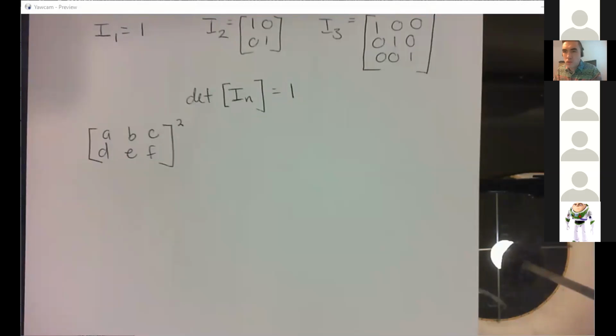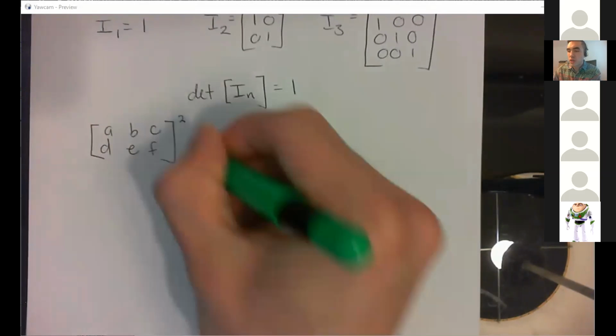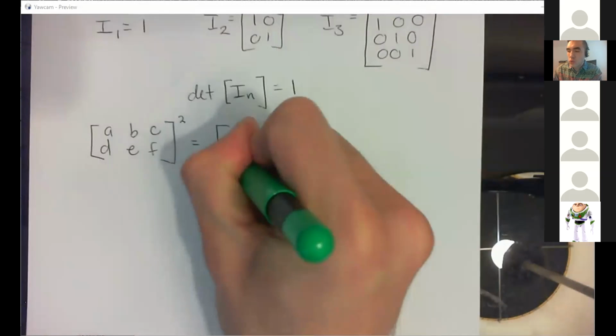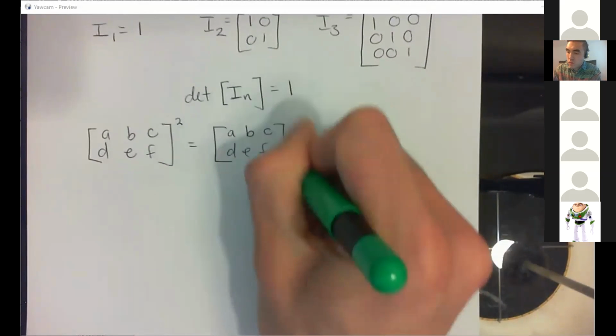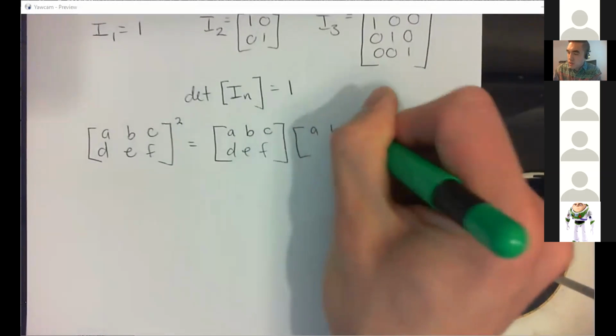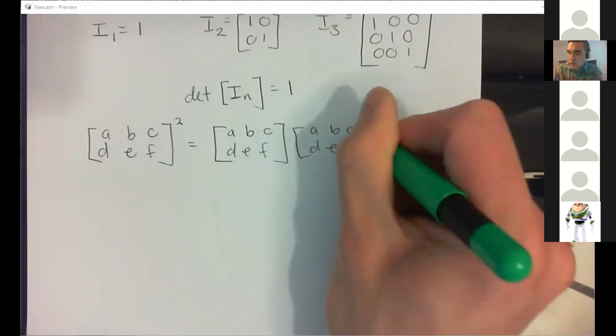What is something squared actually asking us to do? Multiply the same thing to itself. Yeah, x squared is really just x times x. So take this object and square it with itself. This would be equal to A, B, C, D, E, F multiplied by A, B, C, D, E, F.